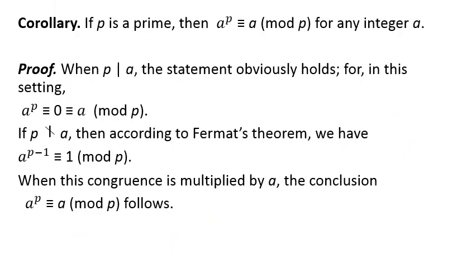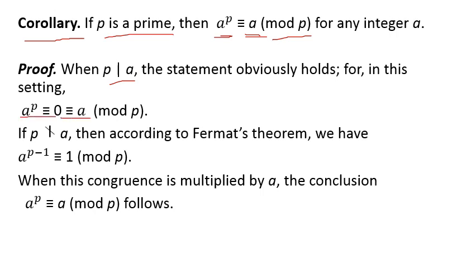We shall see a corollary to this. Here we drop the condition that P doesn't divide A. P is a prime number, A is any number. Then A power P is congruent to A mod P. If P divides A, then both sides are multiples of P. Therefore, result holds. So A power P is congruent to 0, A is congruent to 0.